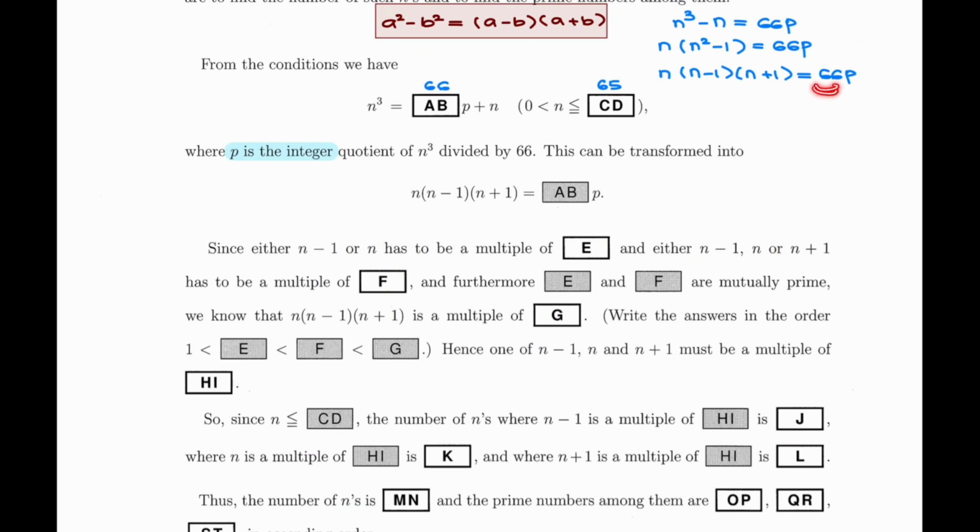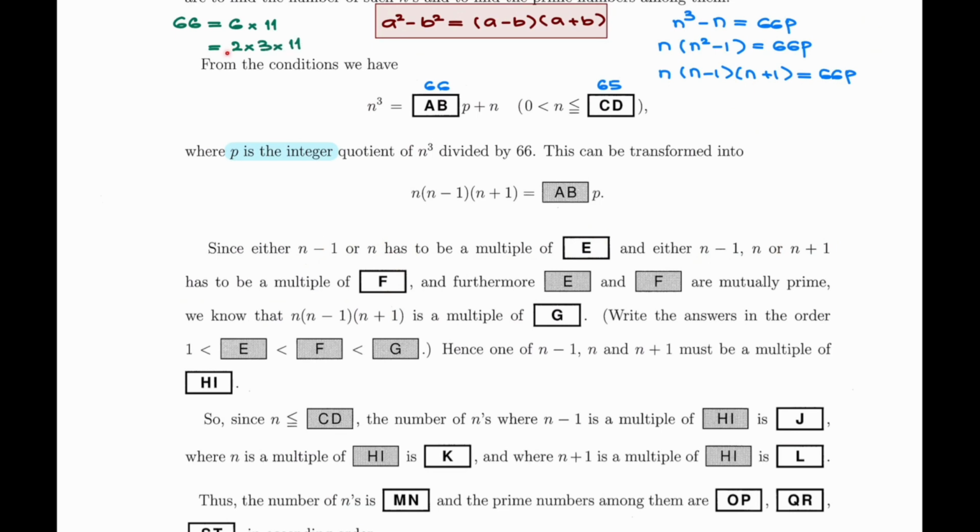Since I have 66 here, I can express 66 as a product of prime factors. 66 is equal to 6 times 11, and 6 is equal to 2 times 3, times 11.